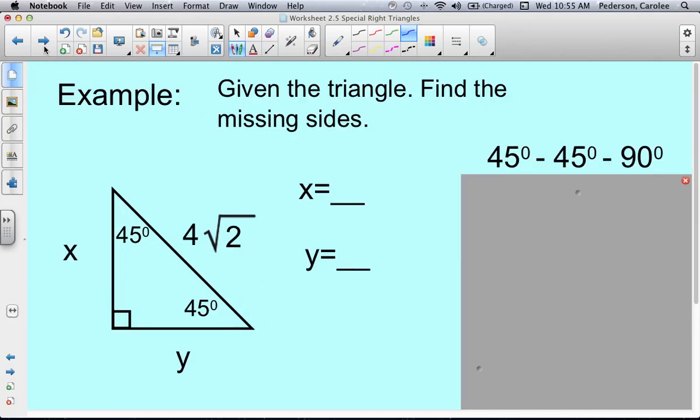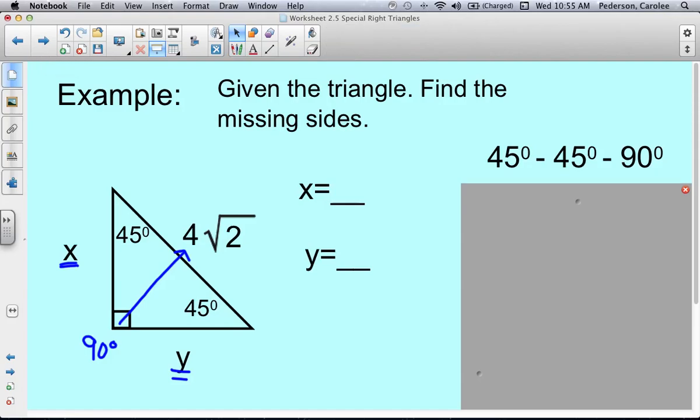Here's what you might see in your homework. So here's a picture of a 45, 45, 90 degree triangle. And they give you one of the sides to be the 90 degree measure, 4 square root of 2. And we want you to find out what is the length of X and what is the length of Y. Well, I have this hidden over here for a reason.